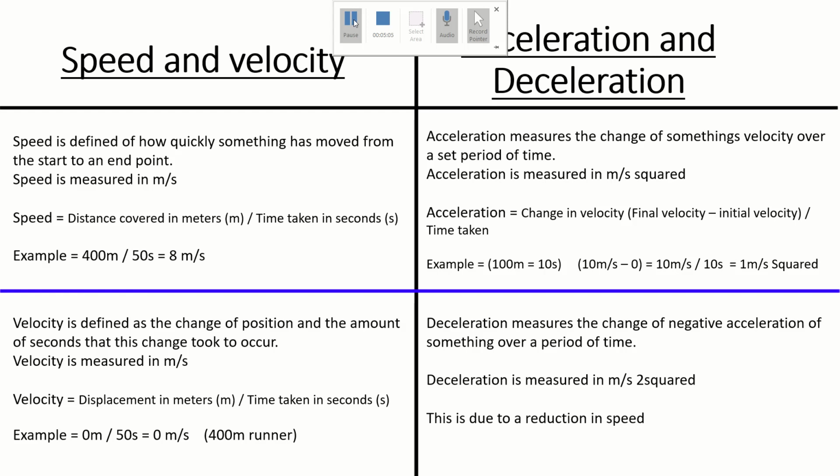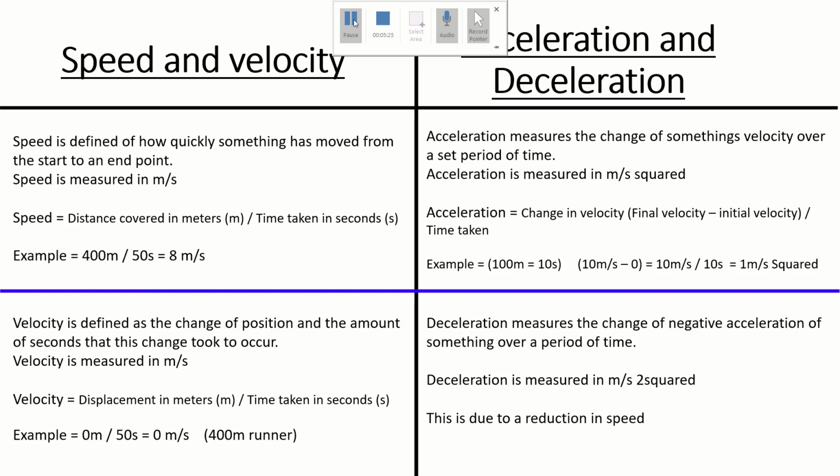So an example of this for a 100-meter sprinter is if they've completed the race in 10 seconds, their final velocity minus their initial velocity would be 10 meters per second, because 100 divided by 10 would equal 10 meters per second. So that's what it would be at the end of the race.